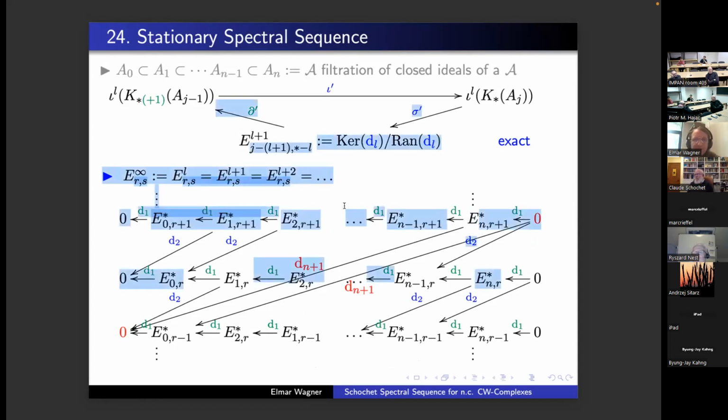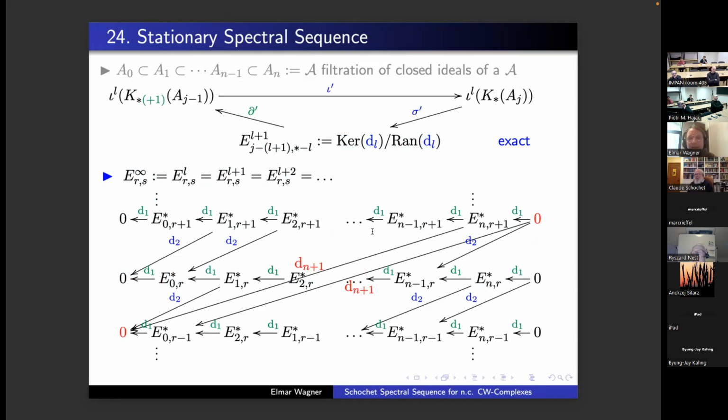Now the D1s go just one to the left, nothing down. Then I replace it by the homology of the D1s. The D2s go 2 to the left, 1 down. And so it goes, the DL goes L to the left, L minus 1 down. These are finite spectral sequences. So the differential N plus 1 comes from a 0, and goes N plus 1 left and down.